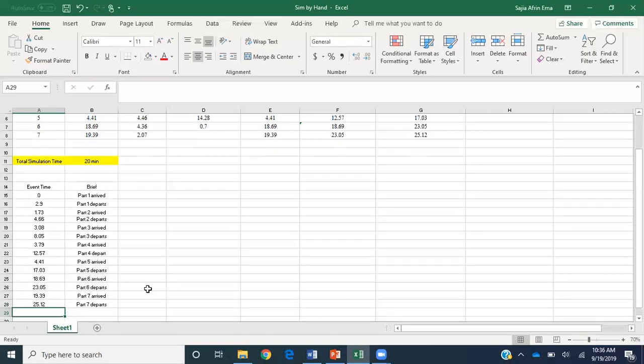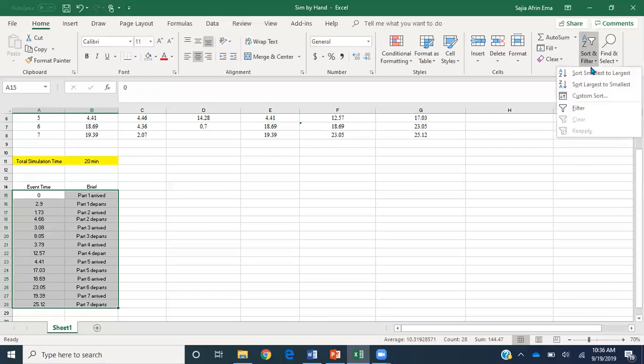Okay. However, our total simulation time we are considering is 20 minutes. So whatever time stat is over 20 minutes, we are going to discard. Before that, I'll sort this list over here, just so that we have all the times sequentially listed, smallest to largest.